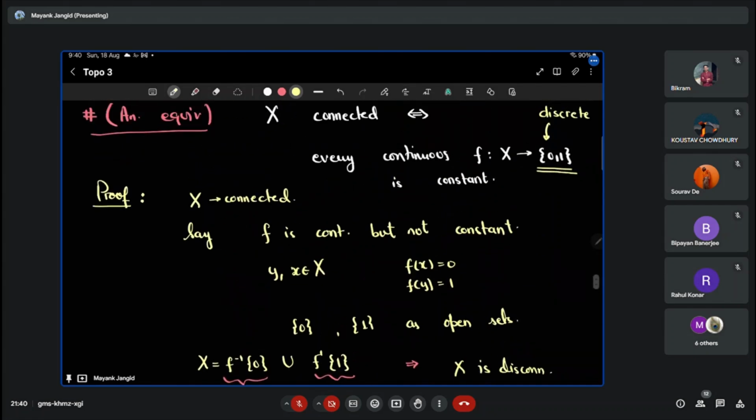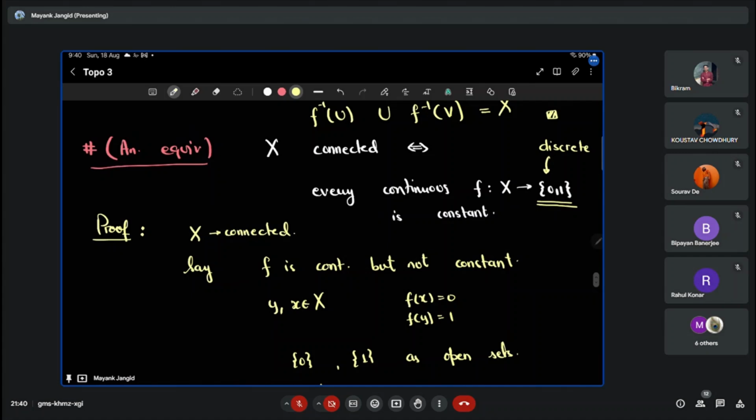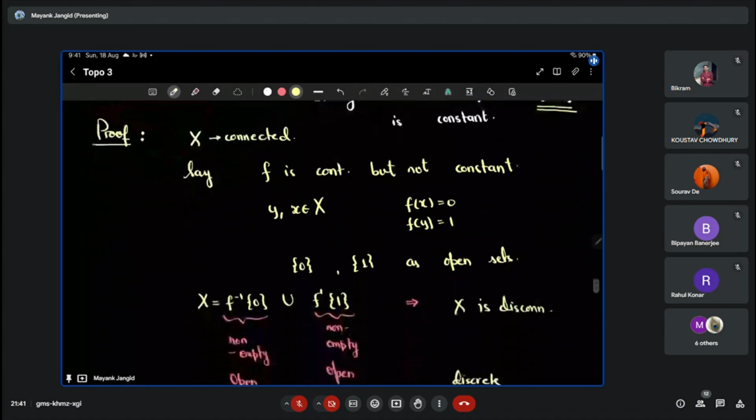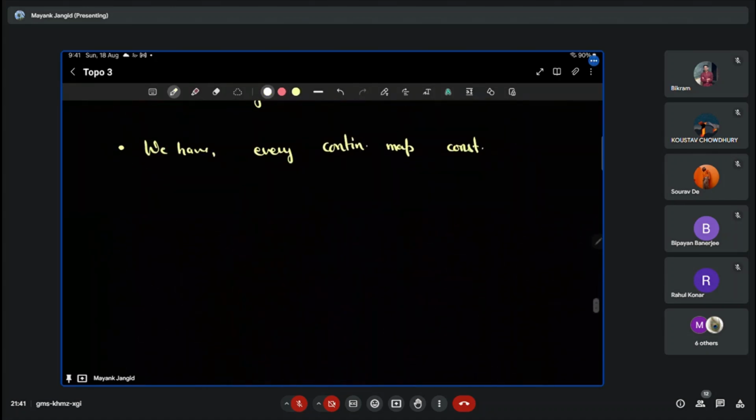And for the other way, we have that every continuous map is constant. Now say X is disconnected.